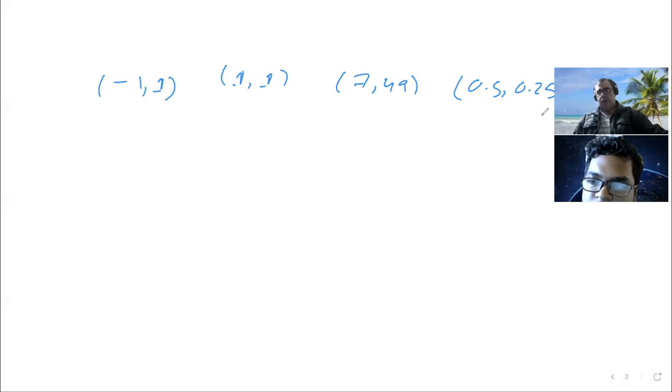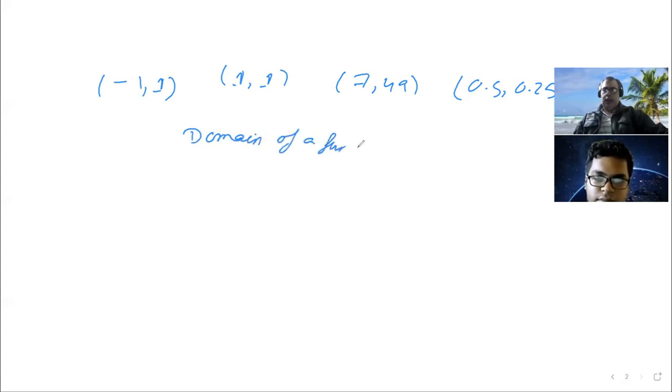So these are basically the coordinates. The inputs are also known as the domain of a function, and all the outputs are basically the range of a function.